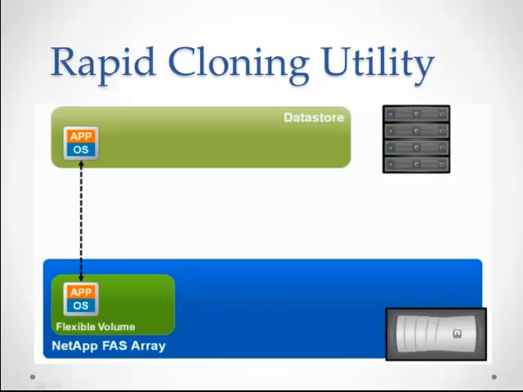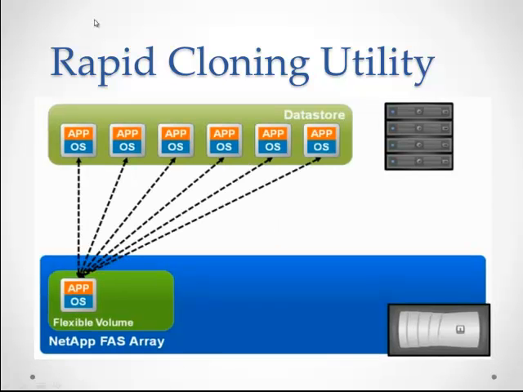So rather than going the traditional way where VMware used to clone the complete hard drive of a template or master VM, copy all the blocks and then create a clone, in this case, using the FlexClone technology, we just create pointers, and those pointers start pointing to the new cloned VMs.